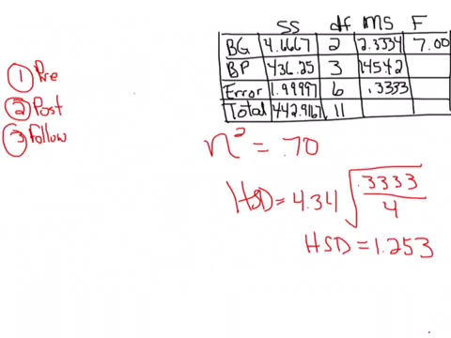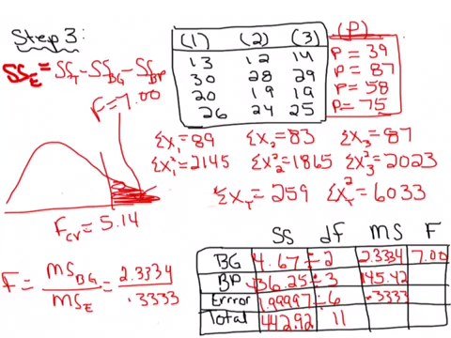So I'm going to get means for each of these: M of 1, M of 2, and M of 3. If you go back to the original data, where we had calculations, if you get your sum of x's and divide by the sample sizes, you can get your means.